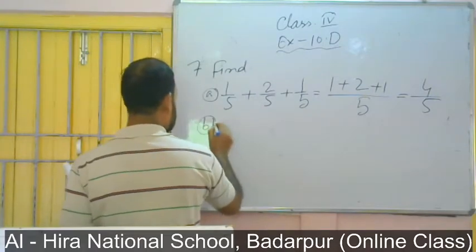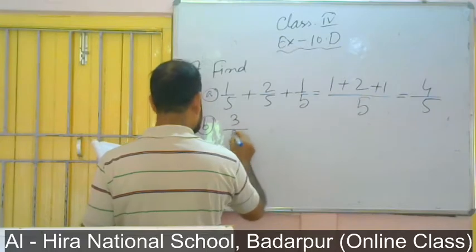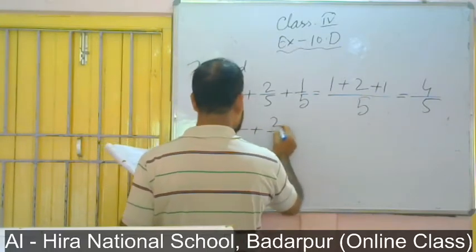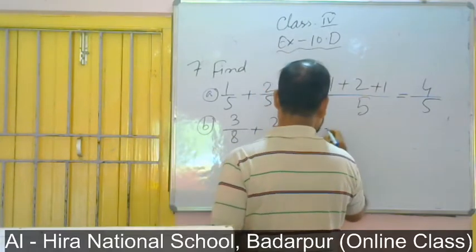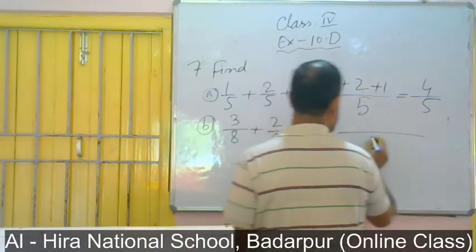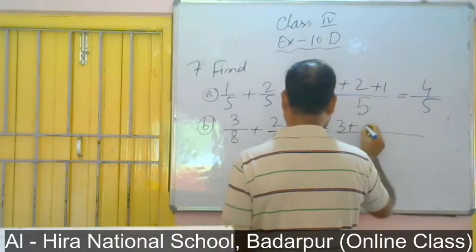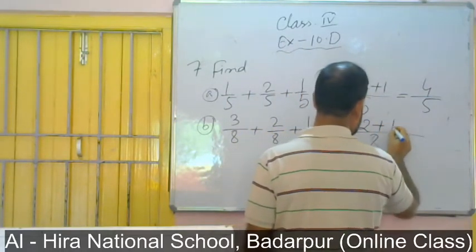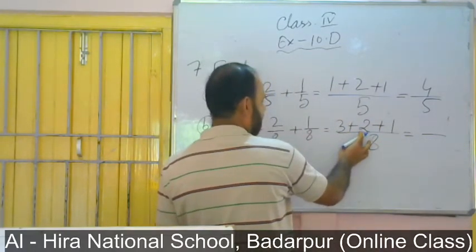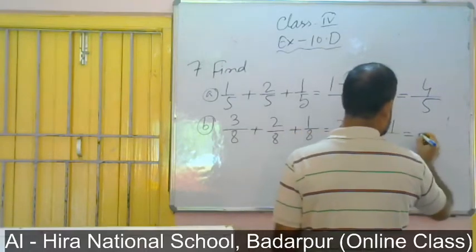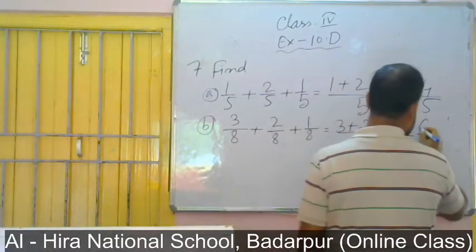Question number B: 3 by 8 plus 2 by 8 plus 1 by 8. The common denominator is 8, and 3 plus 2 plus 1. 3 plus 2 is 5, plus 1 is 6, so 6 by 8.